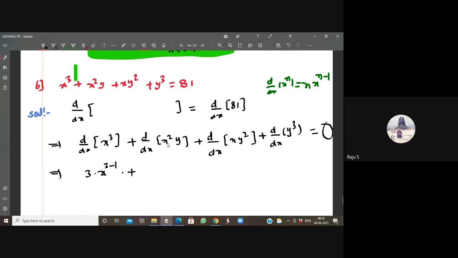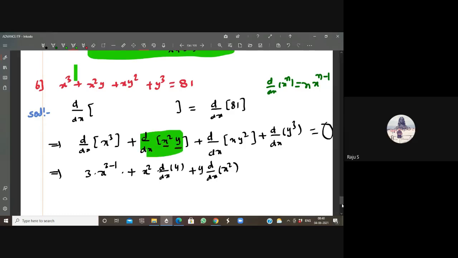So plus your uv rule. What is u? What is v? That is important. So this is u, this is v. Product rule you can apply. So here since we know that x square into d by dx of y plus y into d by dx of x square. Okay, I have finished this.